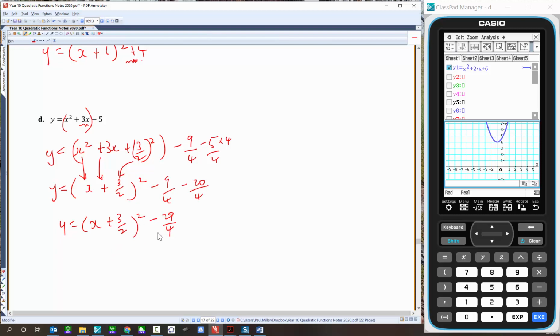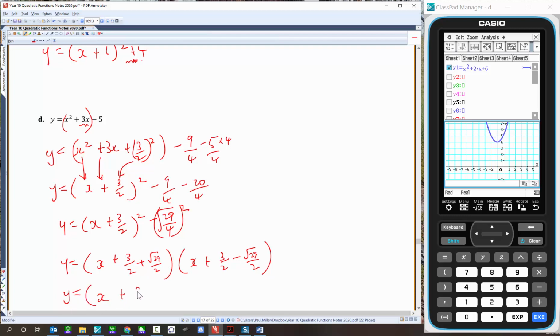Now what I'm going to do is root that and square it. y equals x plus 3 on 2 plus root 29 on 2. x plus 3 on 2, take root 29 on 2. Now 2 on the bottom, because I square rooted the 4 to make it a 2. Probably could make one more move on this: x plus 3 plus root 29 all over 2, x plus 3 take root 29 all over 2.